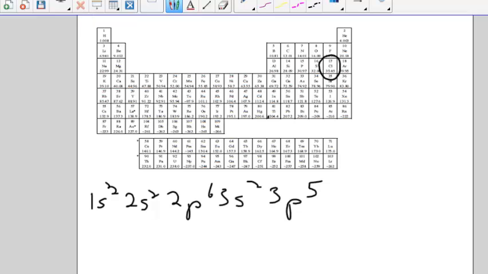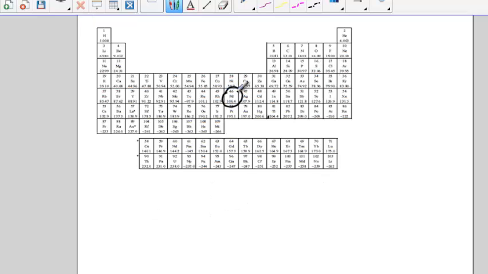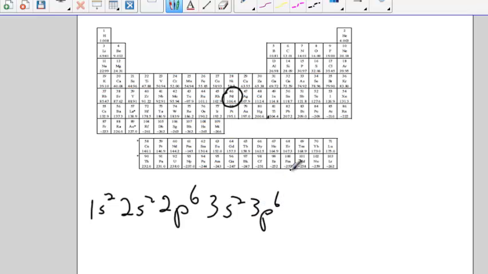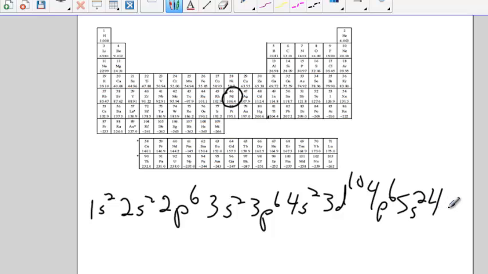Let's try another. Palladium. Right there. Okay, that's going to end at 4d, 1, 2, 3, 4, 5, 6, 7, 8. 4d8. So I just keep going until I get to 4d8. 1s2, 2s2, 2p6, 3s2, 3p6, 4s2, 3d10, 4p6, 5s2, 4d8.